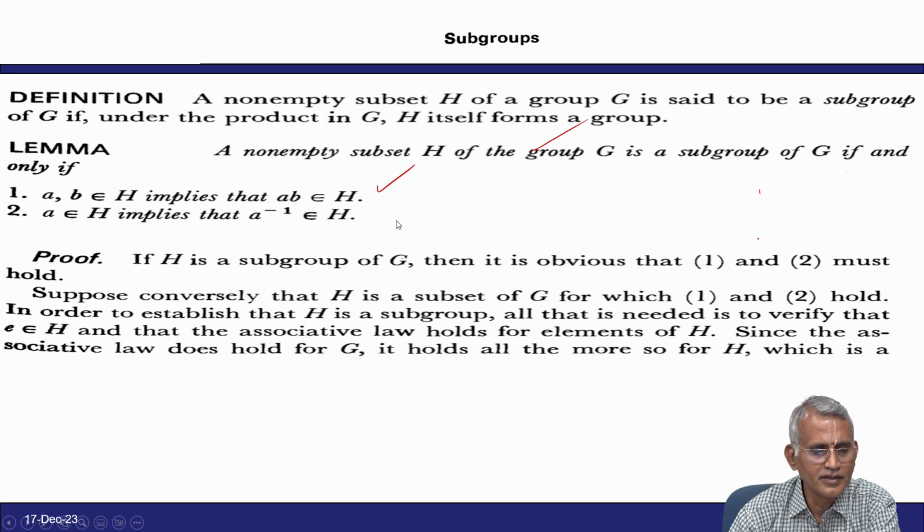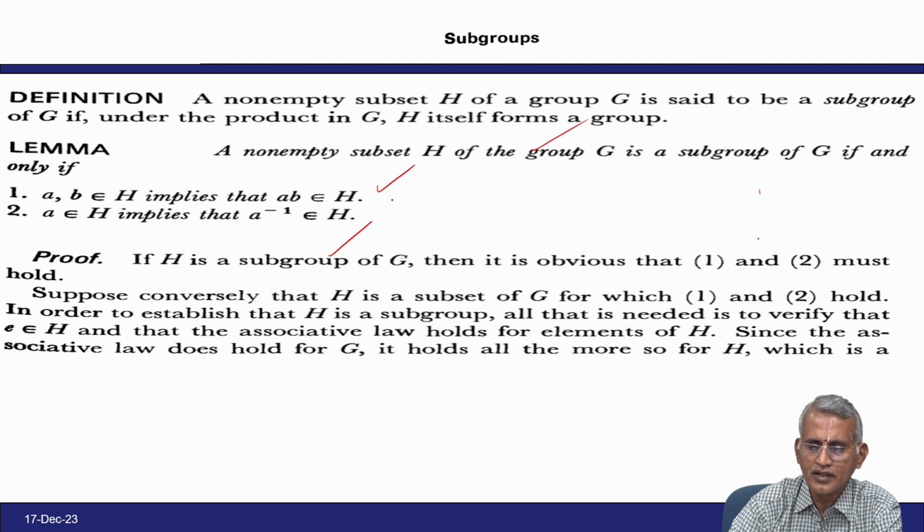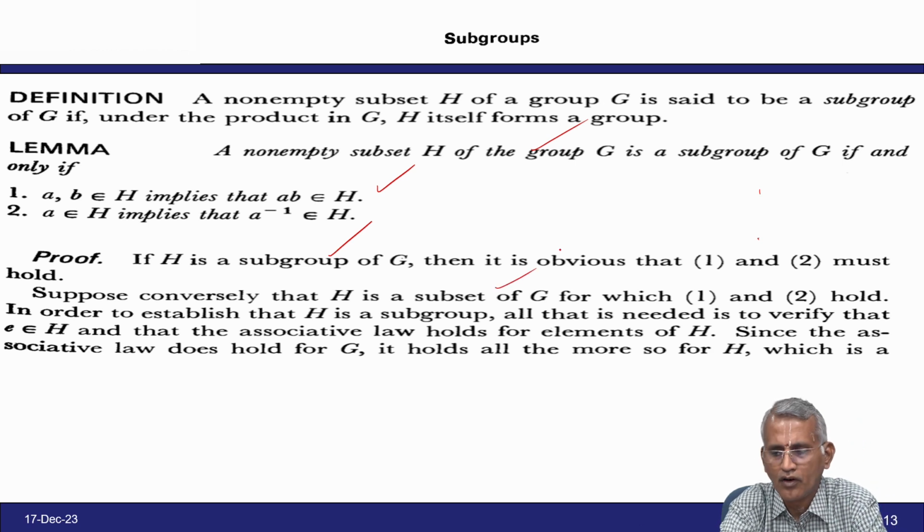Now, keep this in mind: if H is a subgroup of G, then it is obvious that properties 1 and 2 must hold. Suppose conversely that H is a subset of G for which 1 and 2 hold.